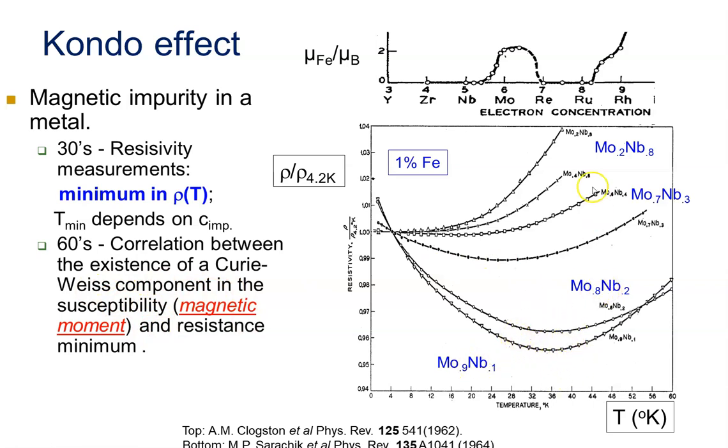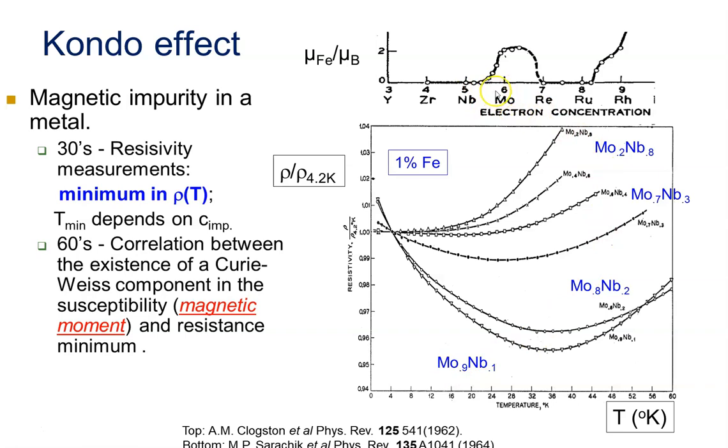For instance, here I have 1% of iron diluted in these different compound alloys of niobium and molybdenum, in these different concentrations. Notice that the molybdenum factor is increasing.